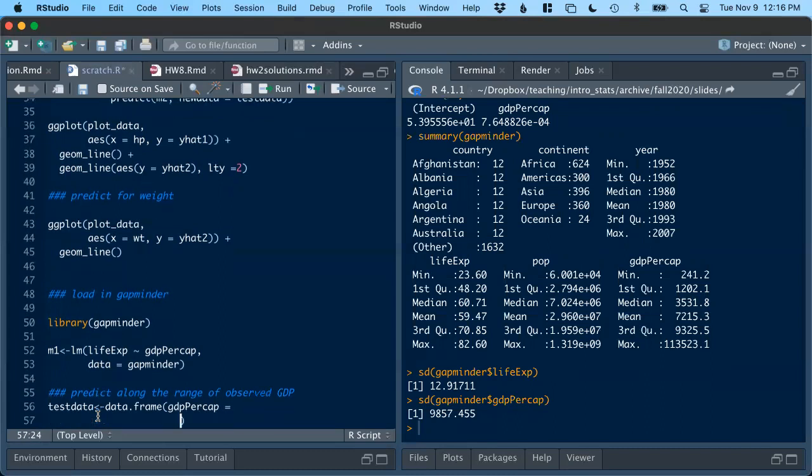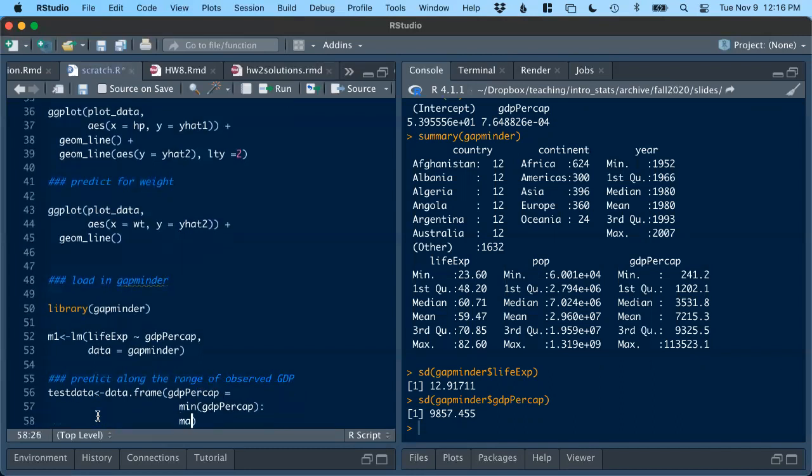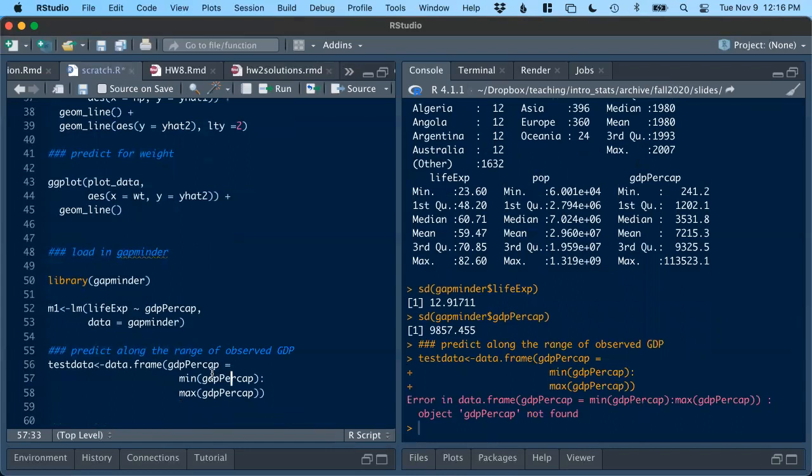We're just going to run from the minimum of GDP per cap to the maximum of GDP per cap. It's not an integer. Oh, right. Gapminder, dollar sign, Gapminder.